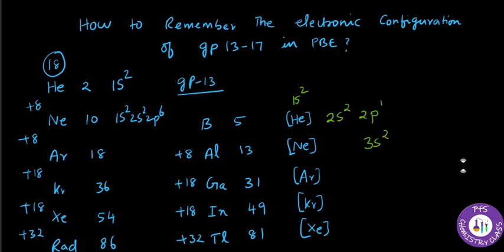It will be 3s2, 3p1, then 4s2, 4p1, then 5s2, 5p1, and then 6s2, 6p1. That's all you have to remember. Very simple.